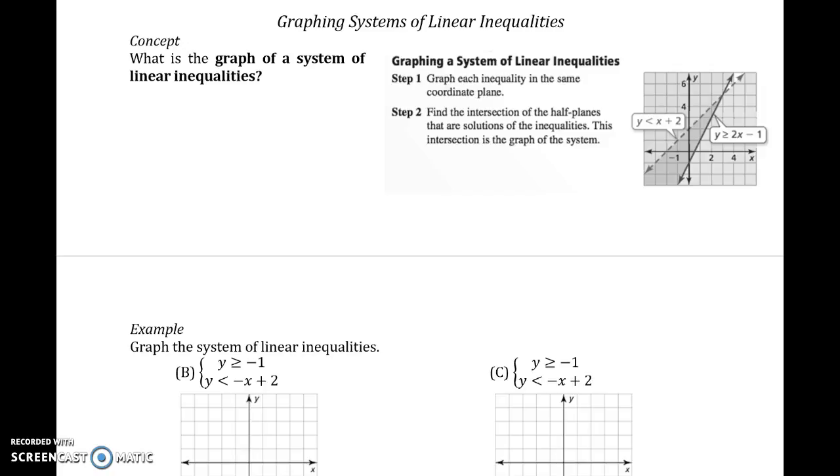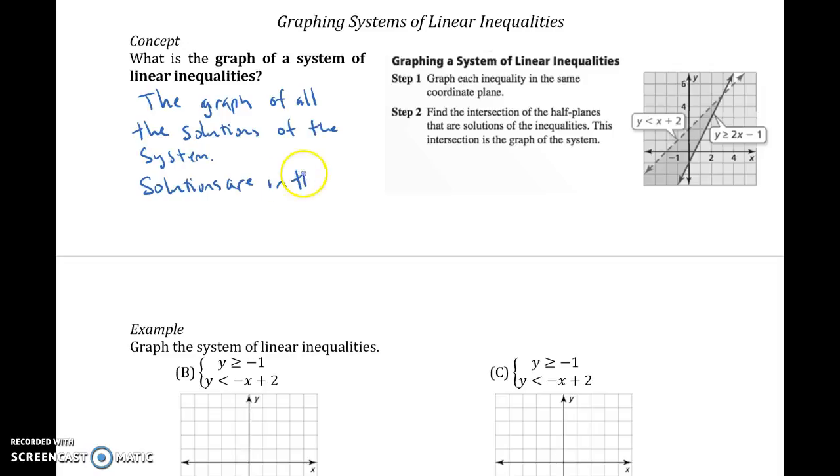So the graph of the system of linear inequalities is basically the graph of all the solutions of the system, and those solutions are in the overlapping shaded region. Okay, so what we're basically going to do is graph each inequality individually and then just look at where the shading overlaps.